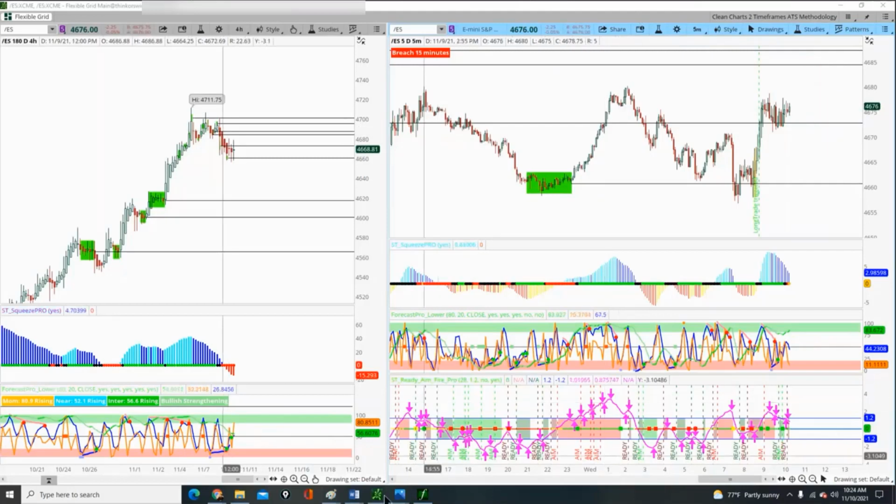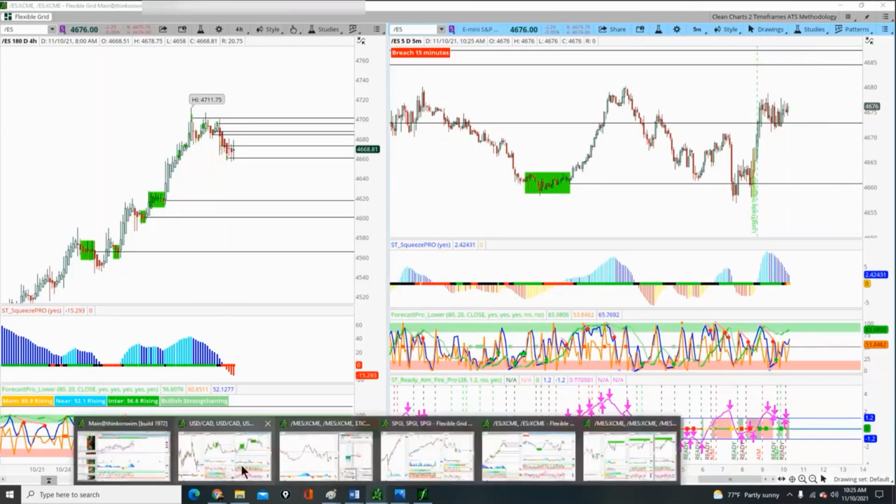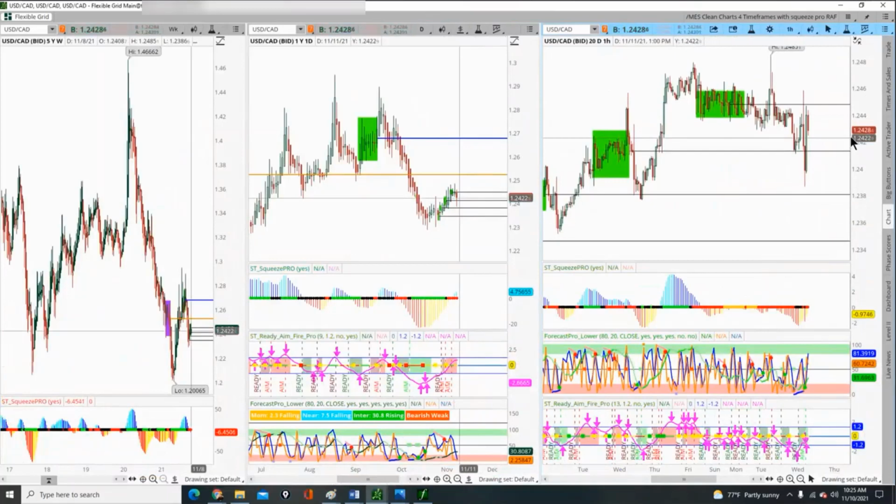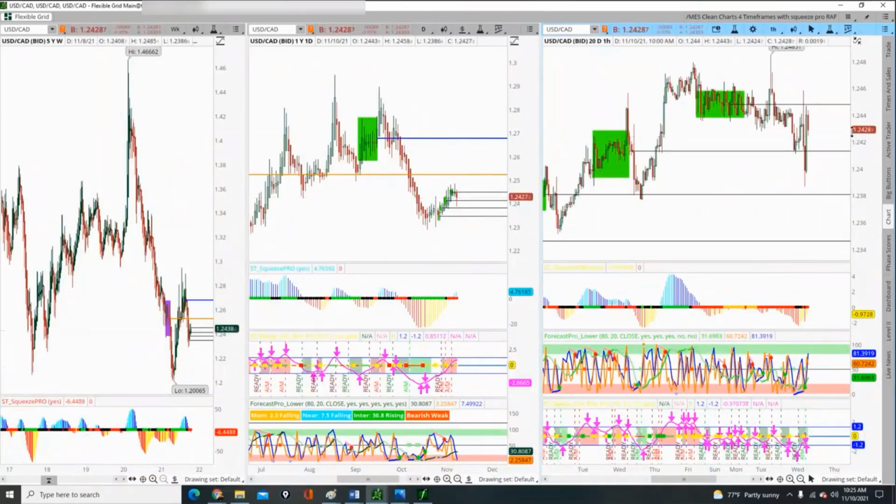The United States Canadian dollar is the perfect example. Look at this. This is the United States Canadian dollar, right? My bias was up. Okay, now it's shifting more neutral. But this is a perfect example.